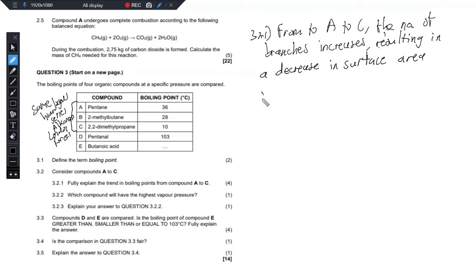Now, let's mention the fact that the compounds from A to C have London forces. They all have London forces.